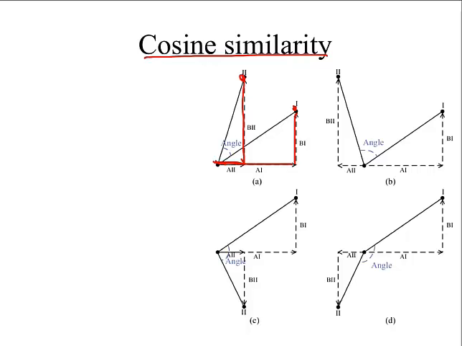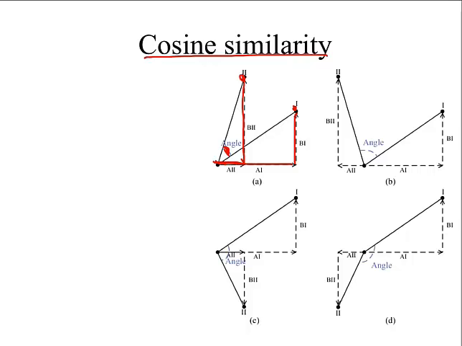Now, a1 and a2 are pointing in the same direction, and b1 and b2 are also pointing in the same direction, and so the entire segment is pointing in a similar direction. We can quantify that in terms of the angle between those two segments, which is very small because they're pointing in a very similar direction.